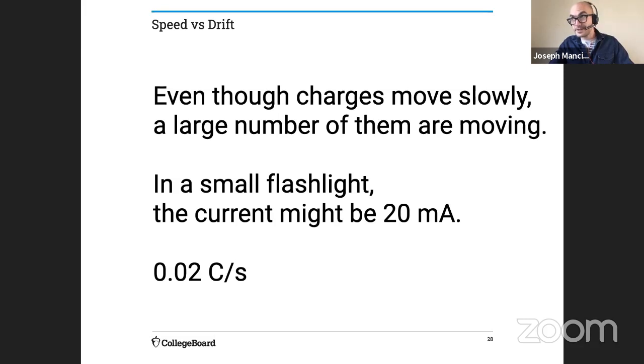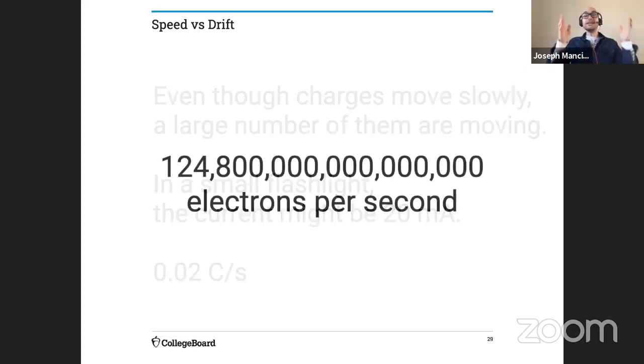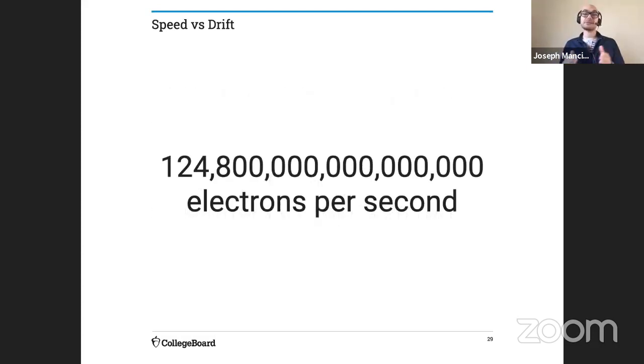I can definitely touch a flashlight and not worry about the amount of current. 0.02 amps is not a lot of current, but it's a lot of electrons per second. That's 124 quadrillion electrons per second. And that's a lot, even though it's not a big number for current. Current isn't about how fast electrons flow. It's about how many flow per second.